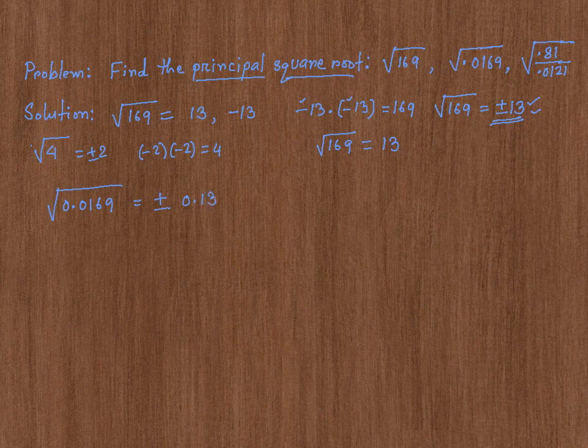Please note, 0.13 times 0.13 is equal to, so let's for the moment ignore the decimals, because sometimes students have difficulties multiplying and dividing decimals. So for the moment, let's argue that there is no decimal. We are just going to multiply 13 and 13. As we know from the last example, 13 times 13 is 169.